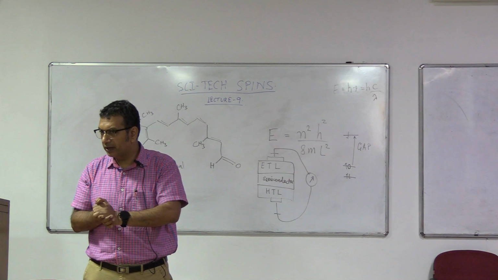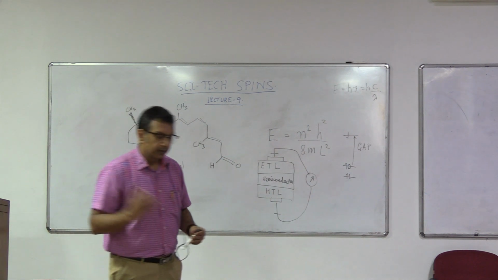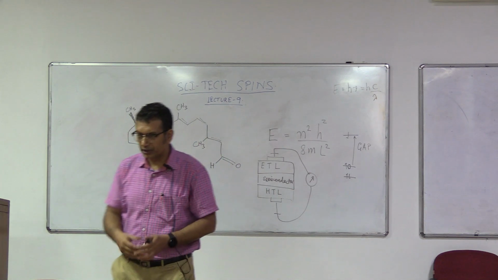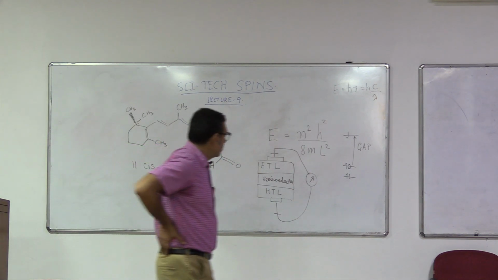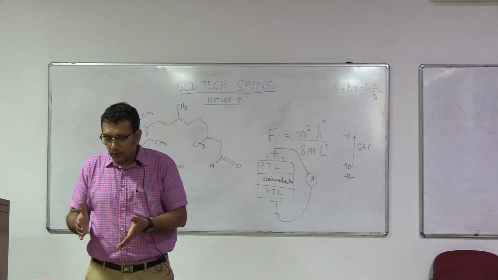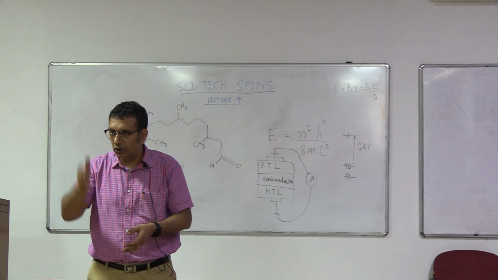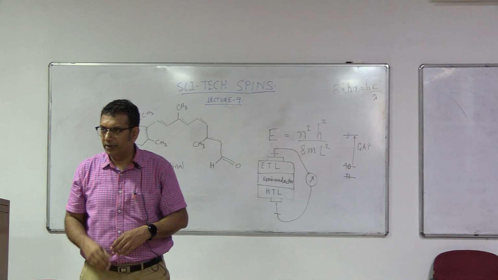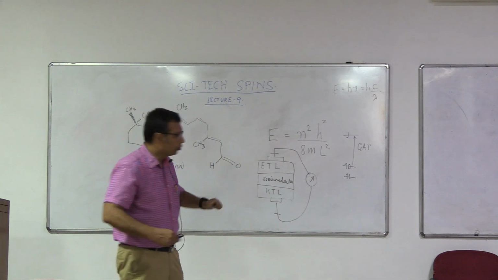You can multiply it by the Avogadro number to get into joules, but electron volt is much more used in this community. So 1.1 electron volts, silicon, and then I want to go close to silicon. So if you remember, silicon happens to be below carbon, and I go a bit left and a bit right. So I will go to group 3.